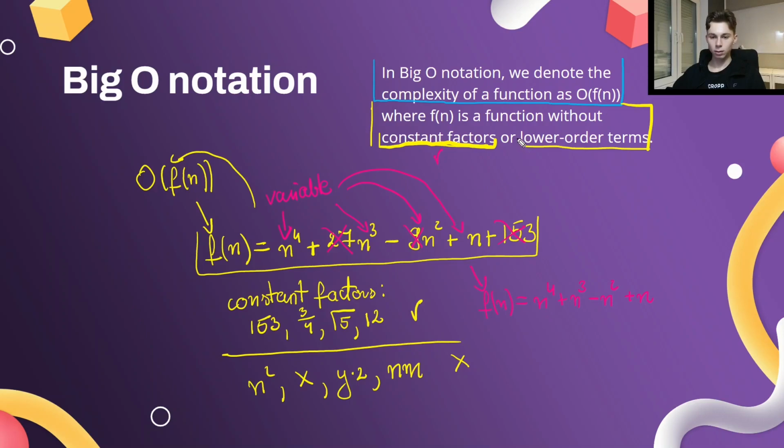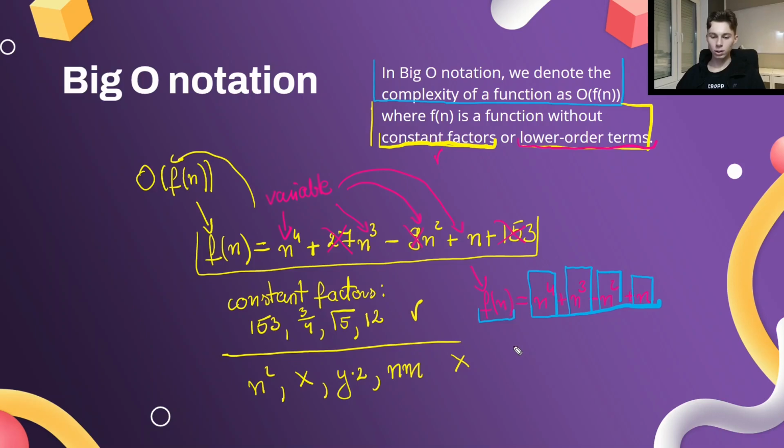Let's erase all the lower order terms. What are lower order terms, you may ask? Well, in a function f of n, we have so-called terms. Right here, n to the power of 4 is a term, n to the power of 3 is a term, n to the power of 2 is a term, and n is a term.